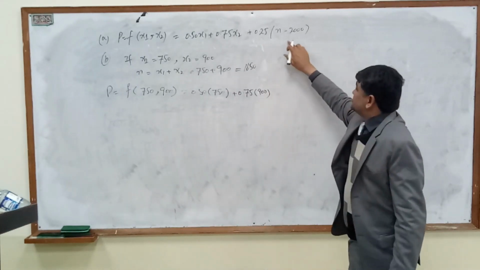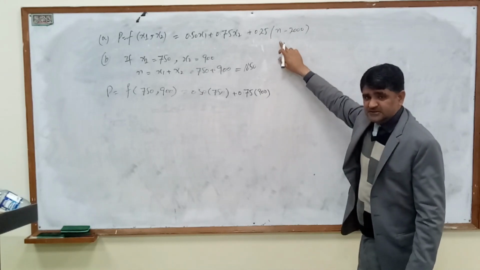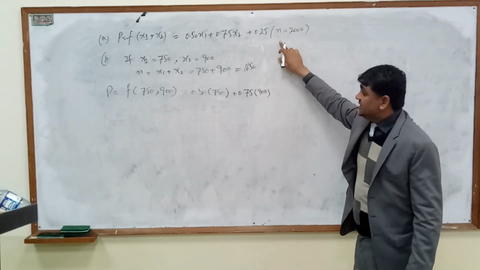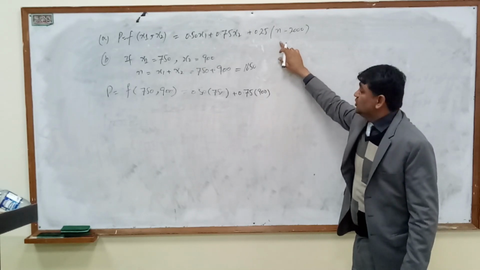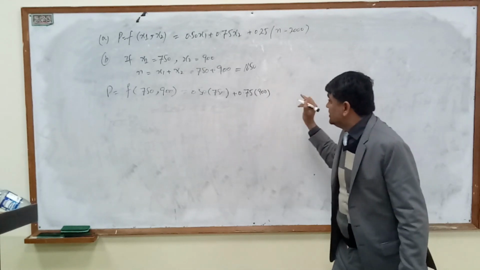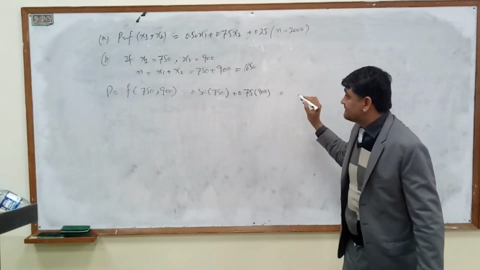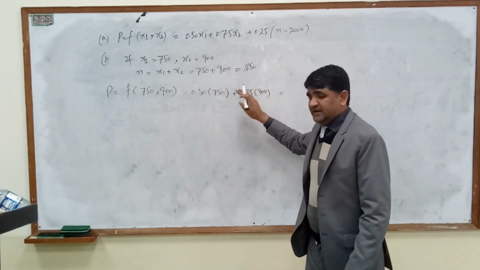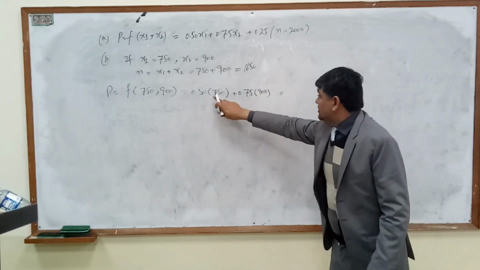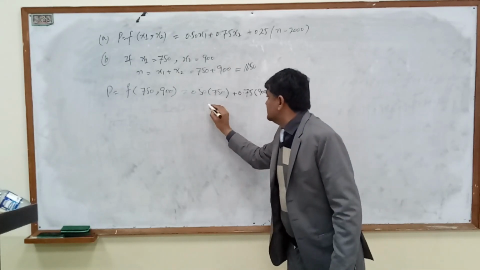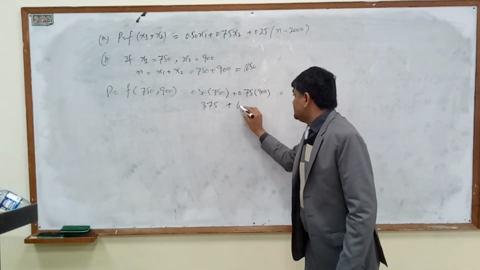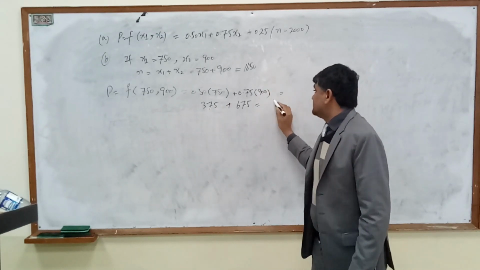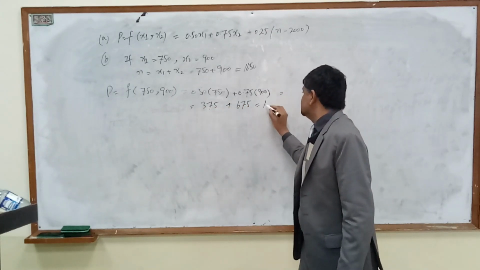So is the incentive going to apply or not? The incentive will not be applied because the sale is less than 2000. What is the sum? Here 375 plus 675, and the profit is 1050.